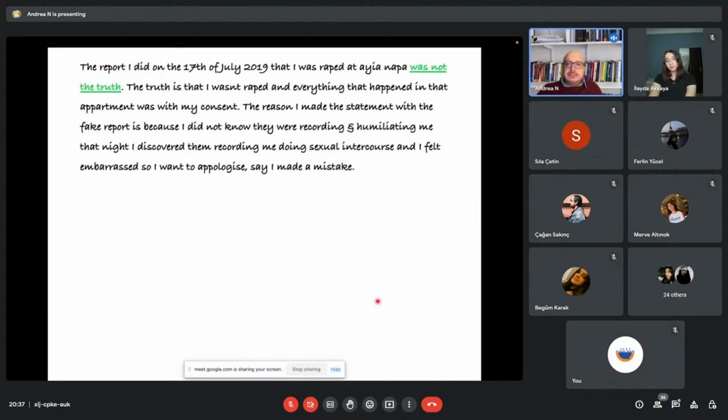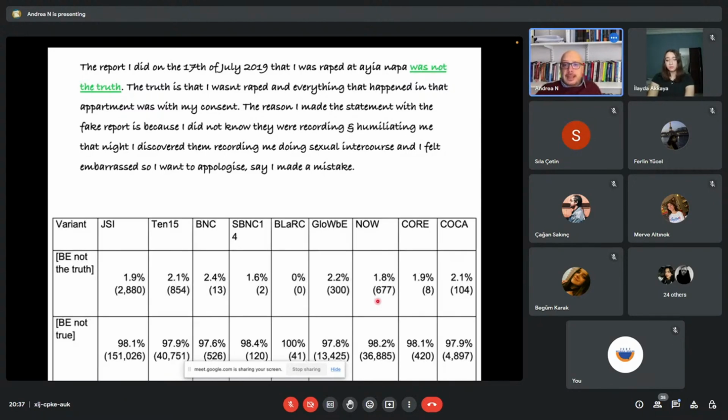Now, another piece of evidence was the expression was not the truth. Okay, so I was raped by Ayanapa was not the truth. Now, actually, in this context, it would be more natural to say it was not true. And again, this is backed up by numbers in corpora.